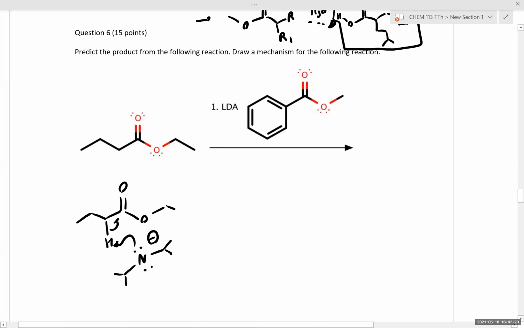So LDA, lithium diisopropylamide, is a strong enough base to pull off our alpha proton and generate our enolate. From here, we can attack our electrophilic ester carbonyl.